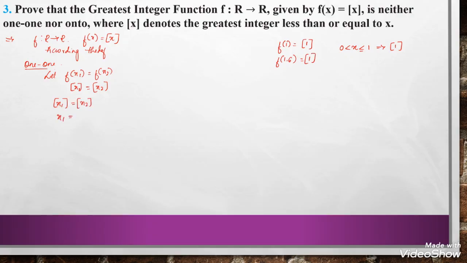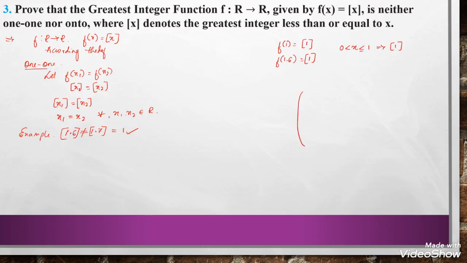So I can take x1 is equal to x2 for every x1, x2 belonging to the real numbers. Taking the example, 1.6 does not equal 1.7, because the greatest integer of 1.6 and 1.7 is equal to 1, but 1.6 and 1.7 are not equal. While taking the greatest integer, they become equal.